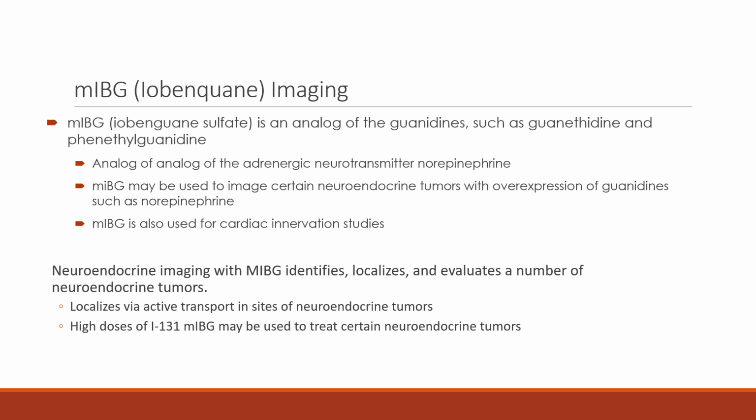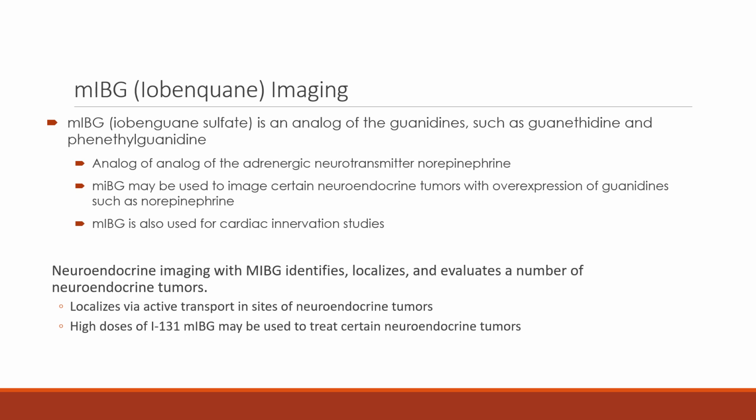All right, next one is the MIBGs. MIBG stands for... there's a really long name for it, but let's just call it iobenguane or iobenguane sulfate. And that is an analog of the guanethidine, such as guanethidine and phenylthioguanidine.